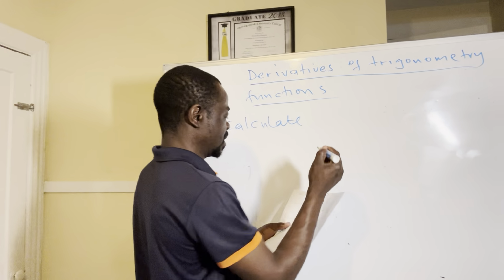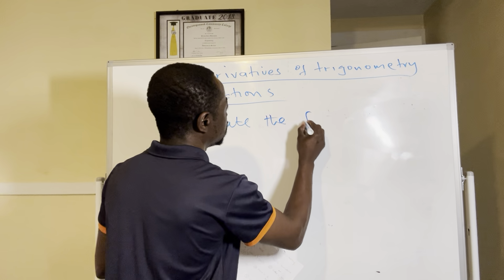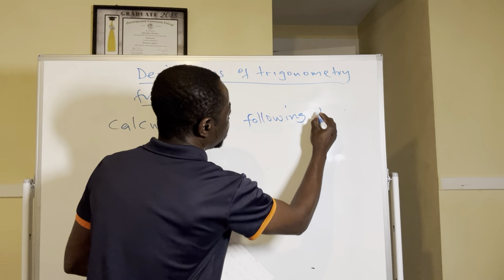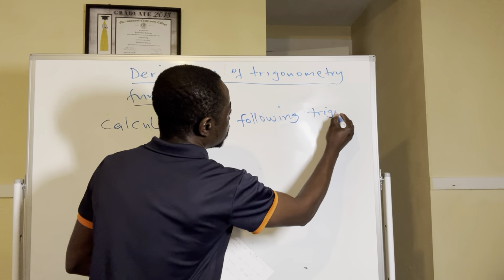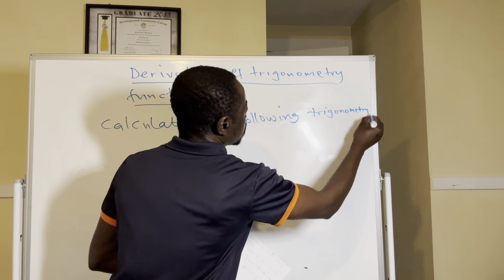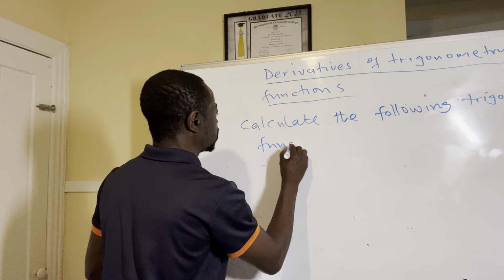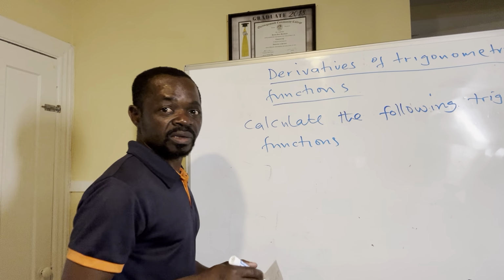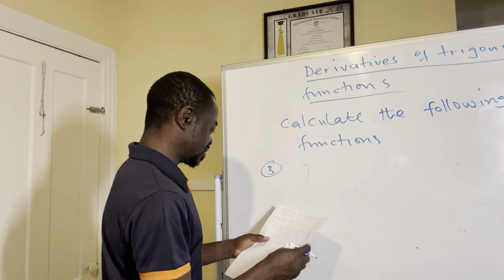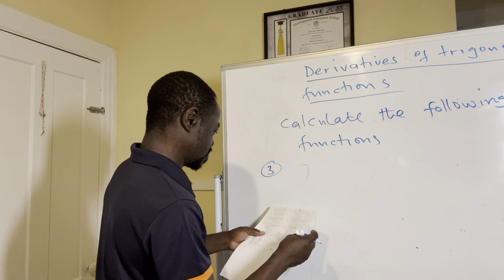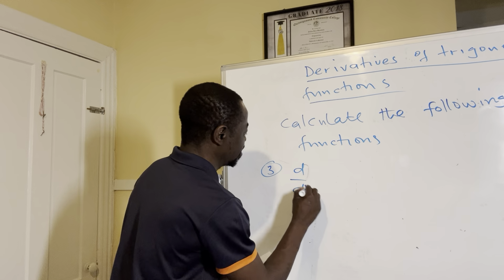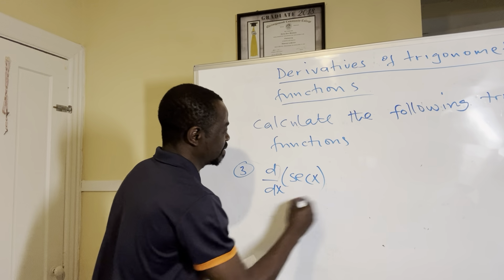Calculate the following trigonometry function. Example 3 is d dx of sec x.